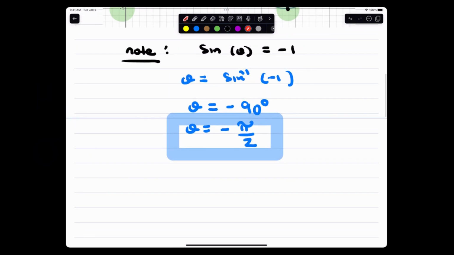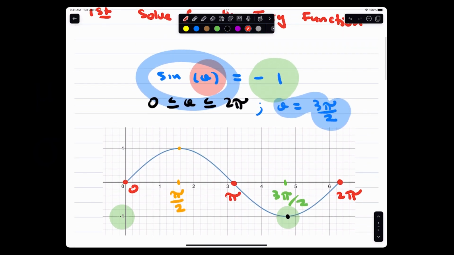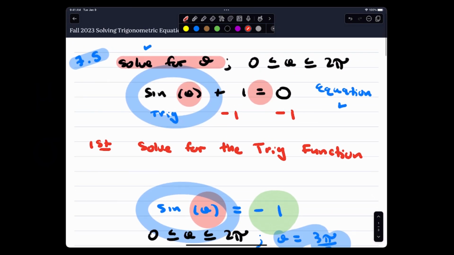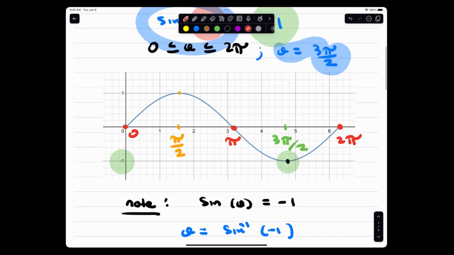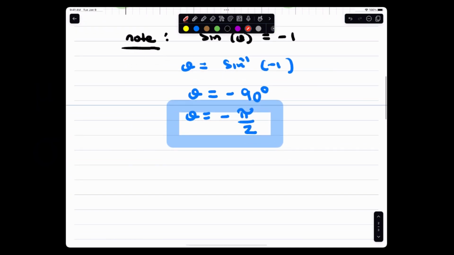Anybody have an idea? What's the key word I'm looking for? I'm looking for a key word to put everything together. You got to put it all together. I'm going to ask you, what is coterminal?